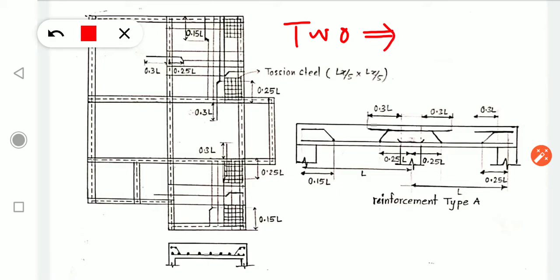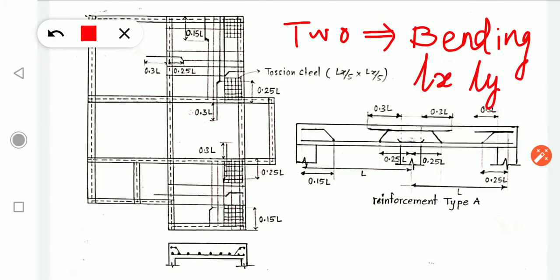It tells that the slab is bending in both of the directions. Bending is taking place in the LX as well as in the LY direction. Understood? And if bending is taking place in both sides of the slab, the slab is considered to be a two-way slab.